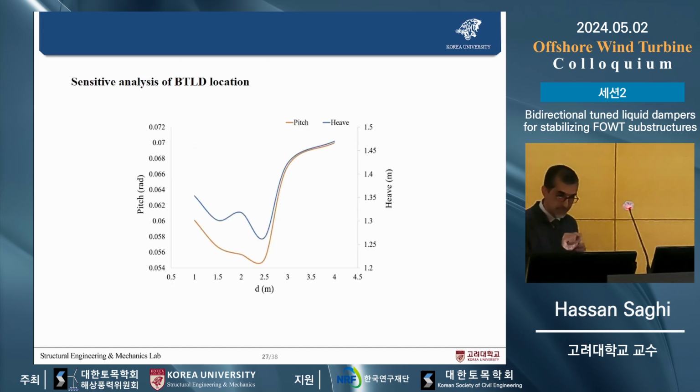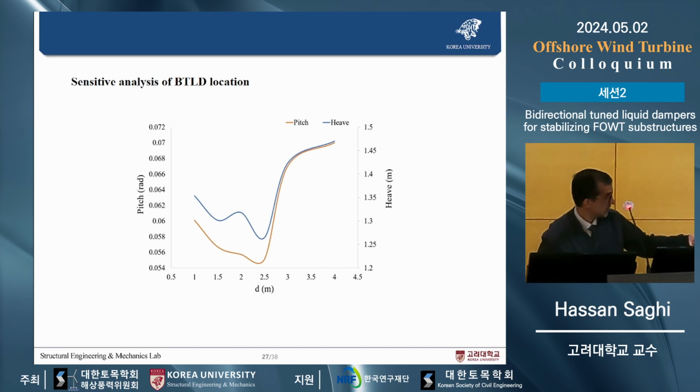And also we did a sensitivity analysis for the BTLD location inside the substructure. Actually, the distance between the bottom of the substructure and the bottom of the TLCD. We consider this parameter as D, and we found the optimum D at this point.